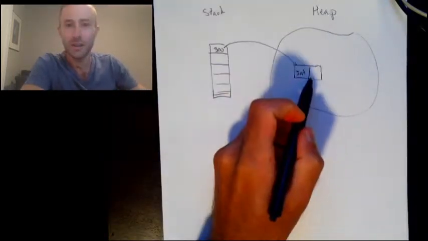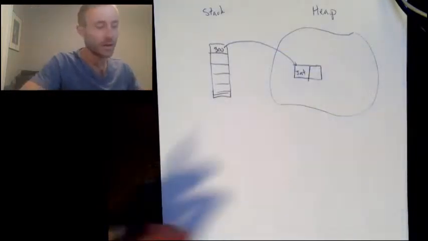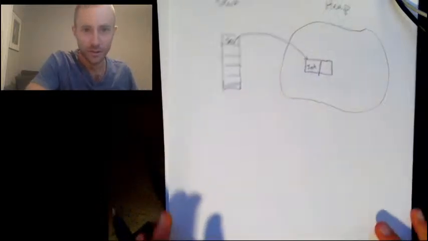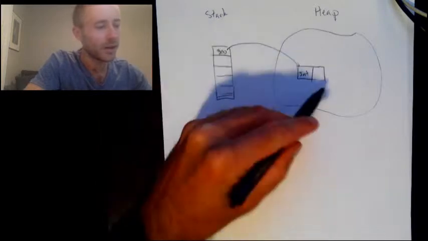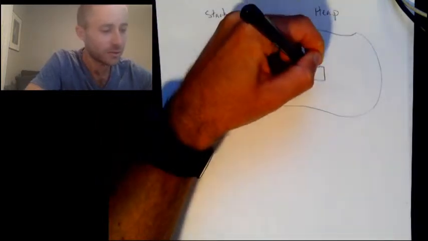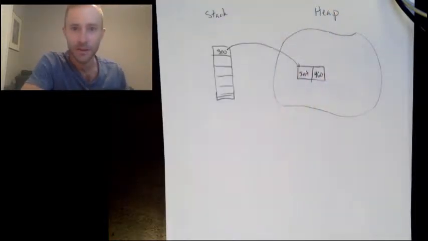Unlike an array, where it's a continuous block of memory, there's no reason that they should be a continuous block. So maybe the next element of the linked list is at space 460. Okay?